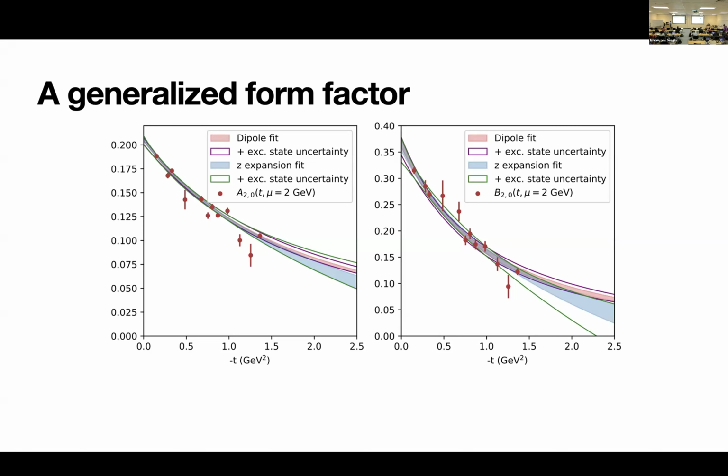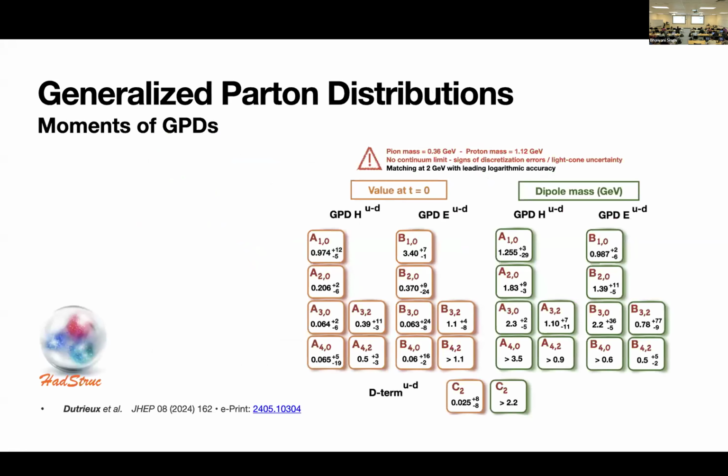And how do I characterize this generalized form factor? I can characterize it by the intercept here. And if I do a dipole fit of all these points, I can get the dipole mass, as it's called. And we've done this for several of the form factors.